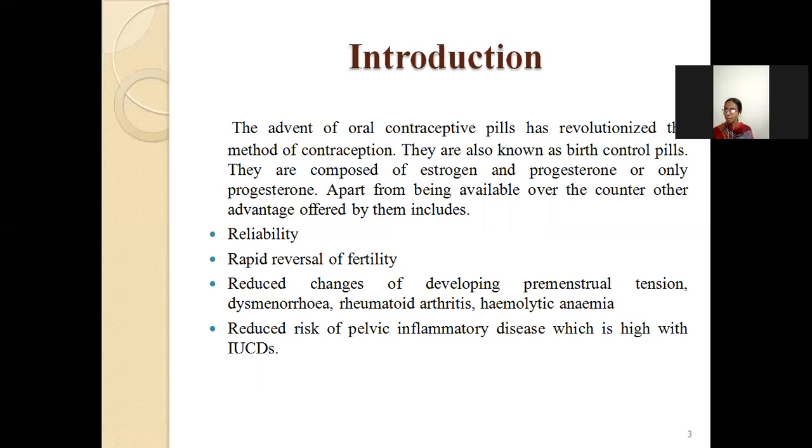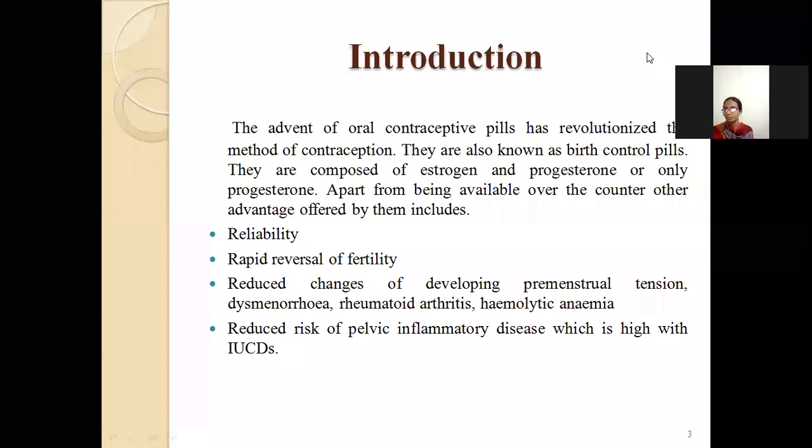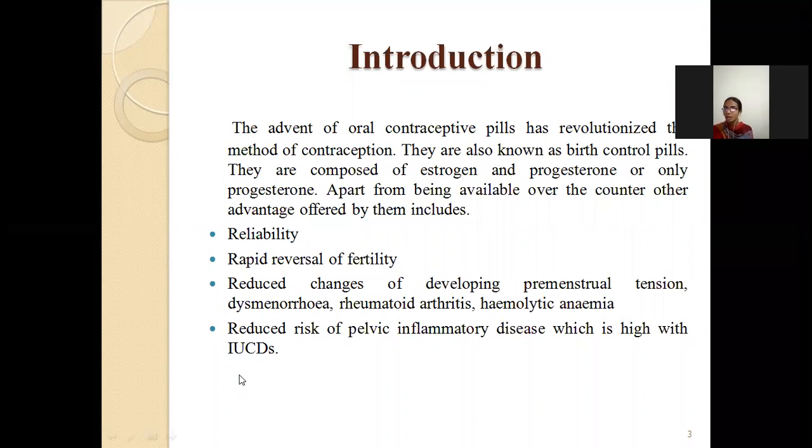The full form of IUD is intrauterine device, a device used to control the birth rate by preventing pregnancy. Oral contraceptives are used to avoid pregnancy in the female.